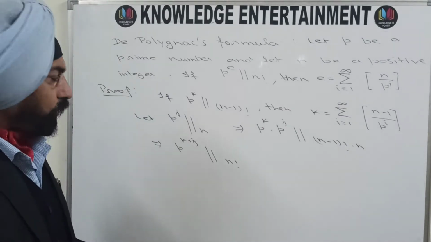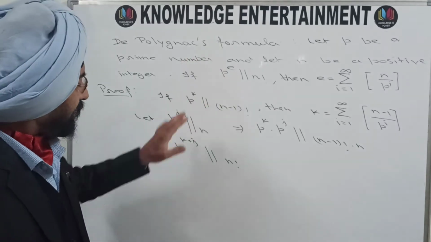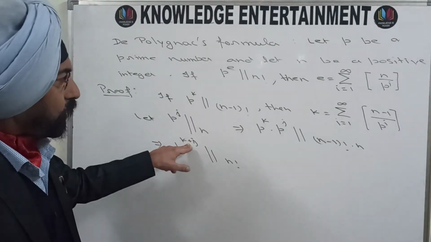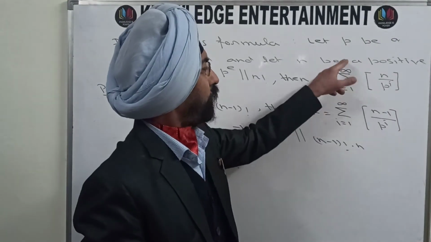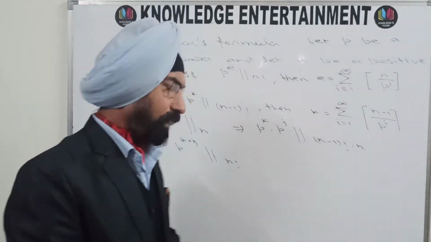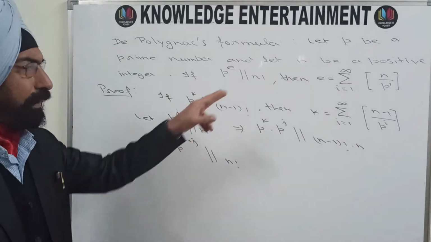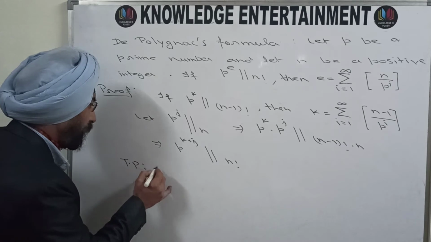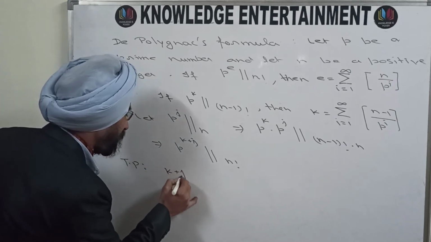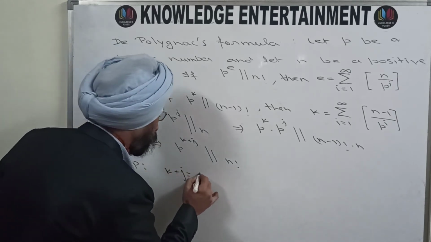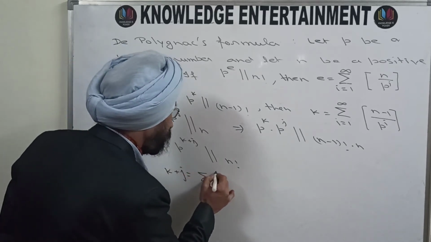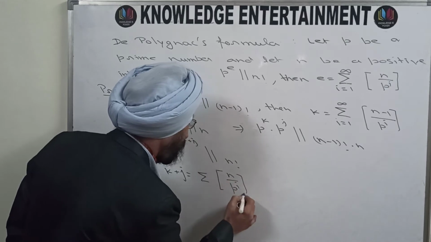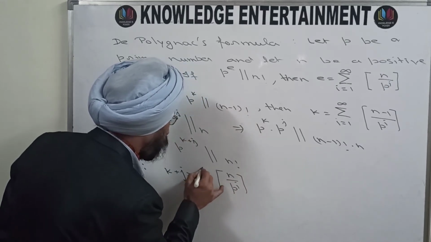What do we want to prove now? Actually, our theorem says that if p raised to the power something max divides n factorial, then this something should be equal to sigma i varying from 1 to infinity of the greatest integer of n upon p power i. So here this k plus j must be equal to that. So we are to now prove that k plus j is equal to sigma of n upon p raised to the power i, i varying from 1 to infinity.